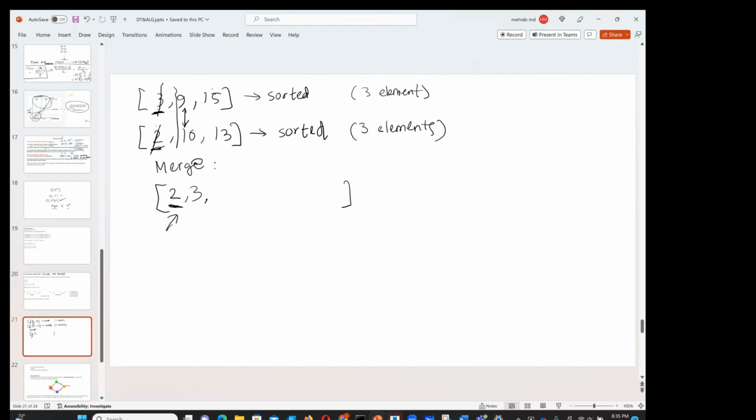Either 9 or 10 is going to be the smallest. 9 is gone. Next, what do I compare? What are the candidates to be the smallest one now? 10 and 15.